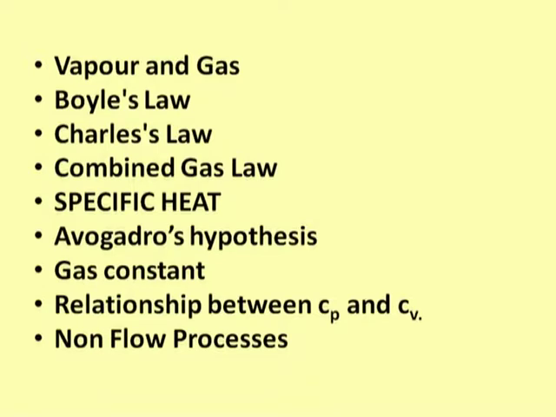We have learned that where solid and liquid has one specific heat, gas has two kinds of specific heat, Cp and Cv. We establish the relationship between Cp and Cv. Then we move to the non-flow process.